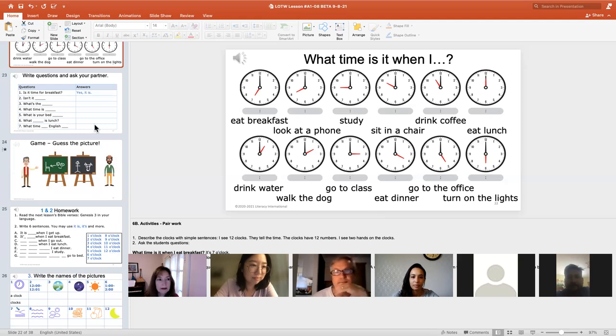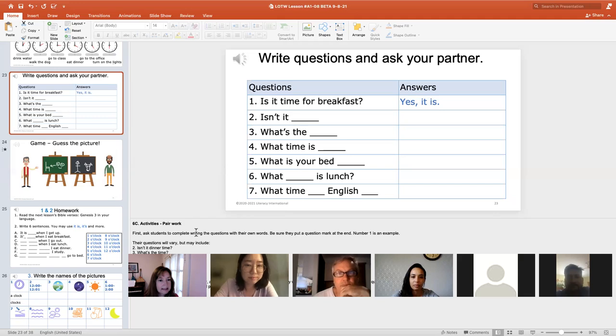And then our third activity of pair work, this time, there's 2 parts to this. So first, we ask students to complete writing the questions with their own words, and they have to put a question mark at the end. So this is important at the A1 level, where we're really learning to put question marks or periods at the end of our sentences.